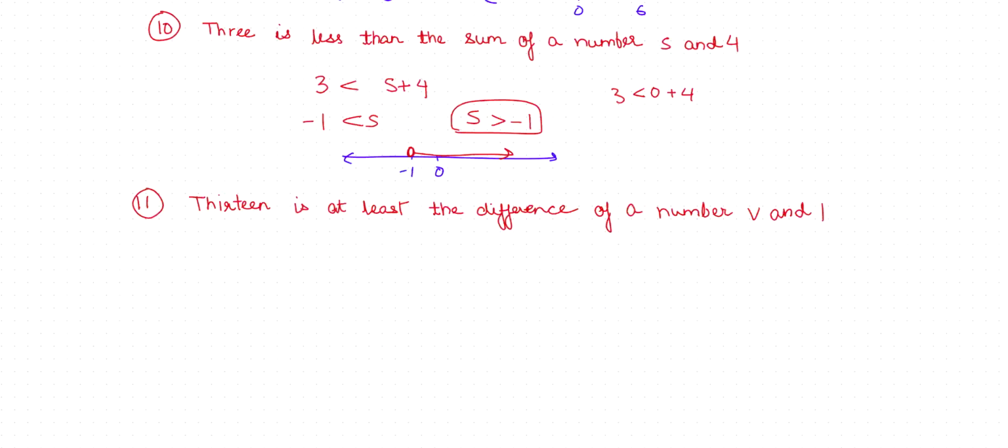This question says that 13 is at least the difference of a number v and 1, meaning the difference is greater than or equal to 13. 13 is at least means the difference is 13 or it can be greater. So it will be 13 is less than or equal to v minus 1, or v is greater than or equal to 14.